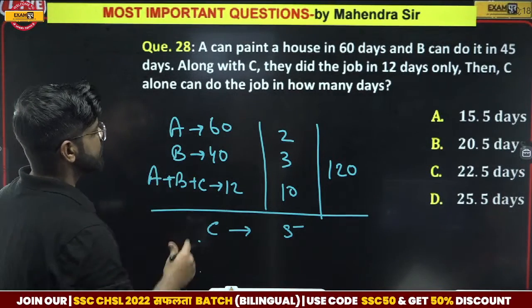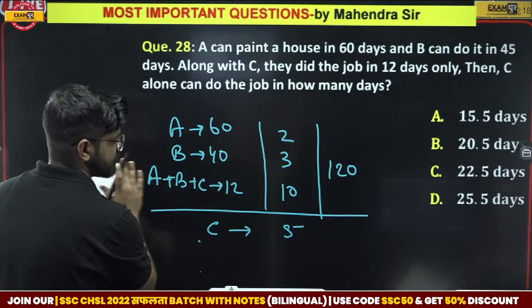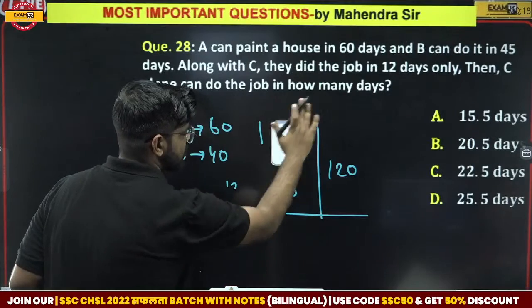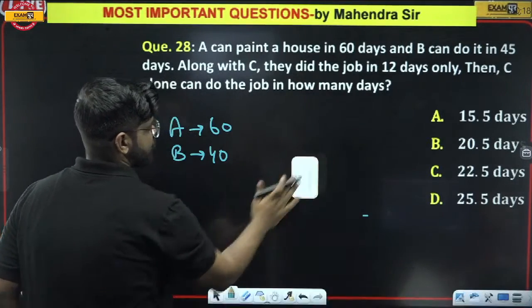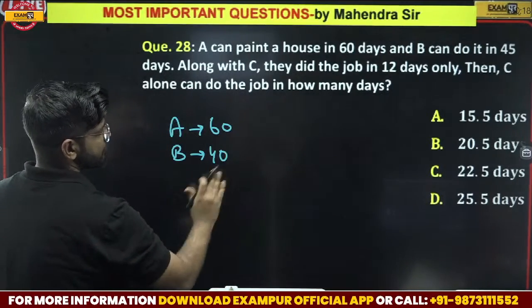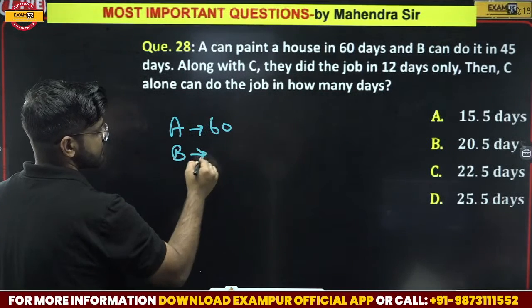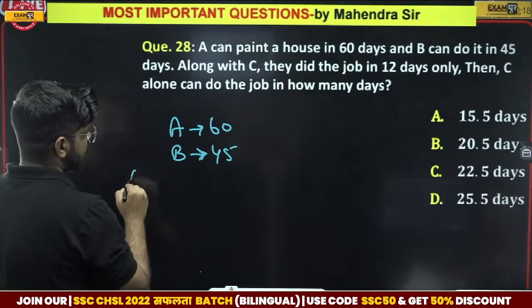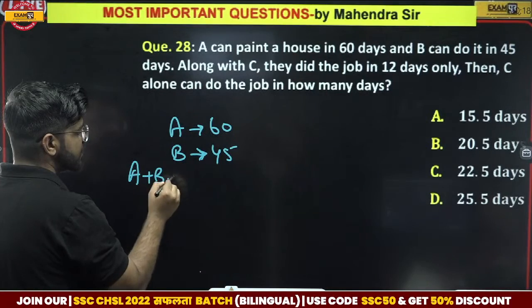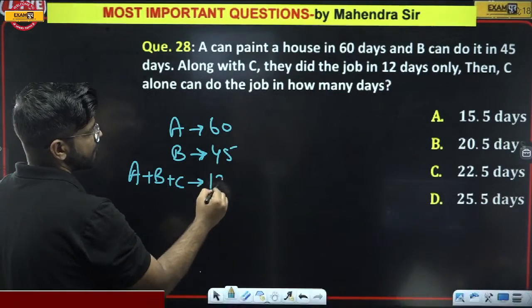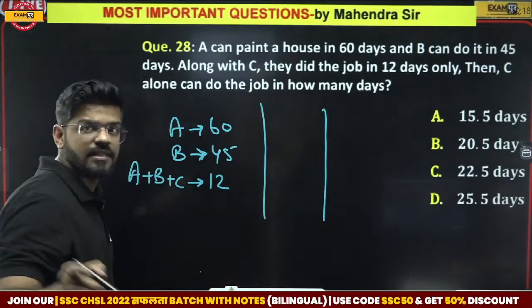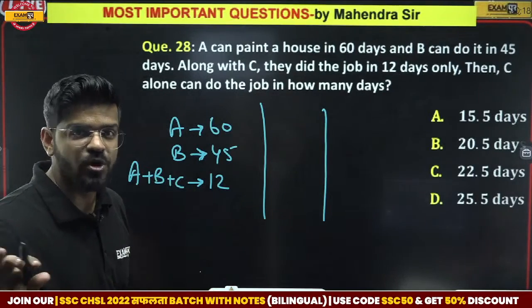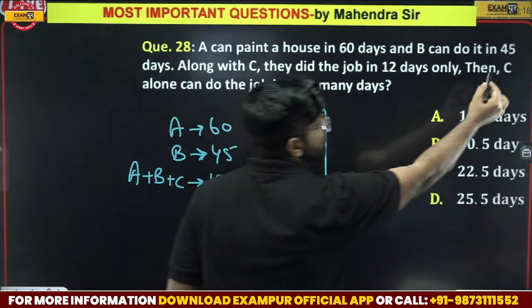Okay, it is 45. This is 45. That's why we got the wrong answer. I wrote 40, so this is 45. And together A plus B plus C have 12. So if you got the answer, just hold on to that. I just saw this 40.